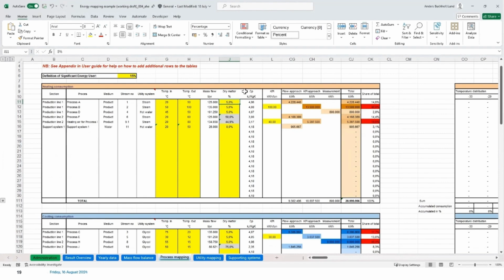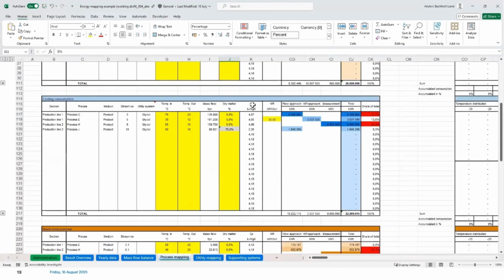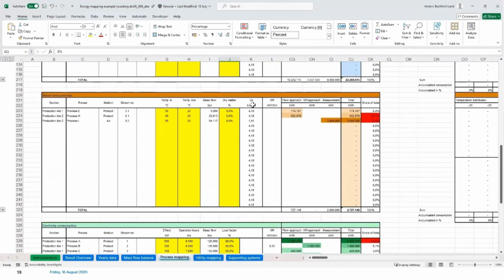And if you scroll down a bit to the surplus heat, yeah, this one.